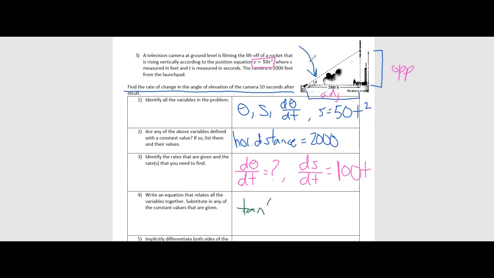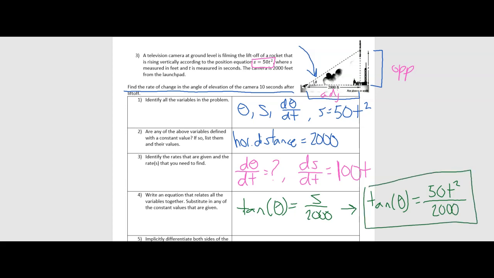Tangent of theta is equal to s over 2000, which is really 50t squared all over 2000. So this is the equation I'm going to be working with. It will allow me to get d theta dt, which is what I need to solve for.